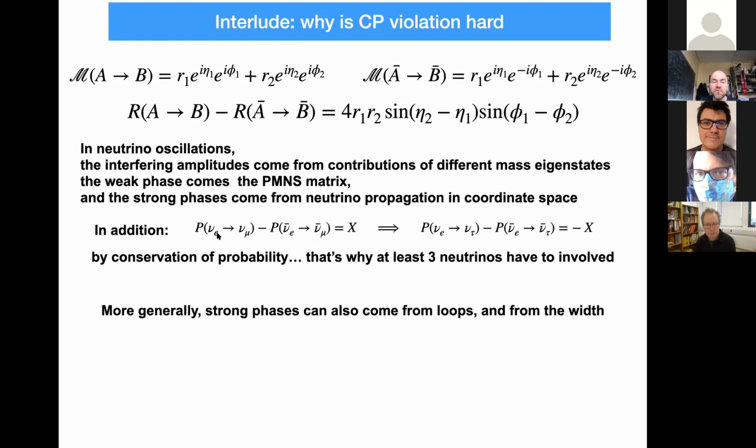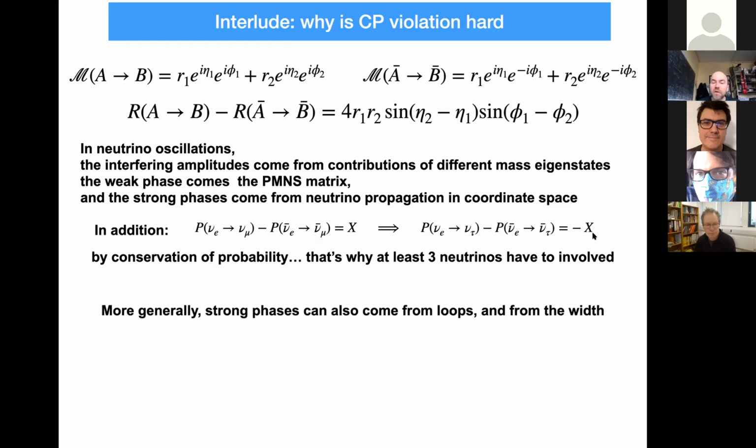So if there is, for example, a larger probability for electron neutrino to go to muon neutrino than for electron antineutrino to go to muon antineutrino, then because the probabilities have to add up to 1, there has to be a compensating difference between the electron neutrino going to tau neutrino and the electron antineutrino going to tau antineutrino. So if this is some x, then this has to be minus x.